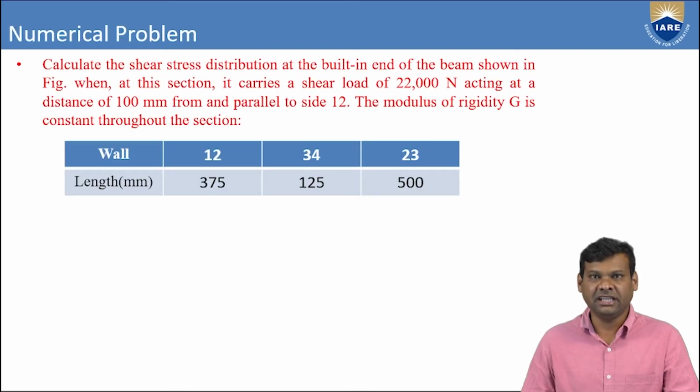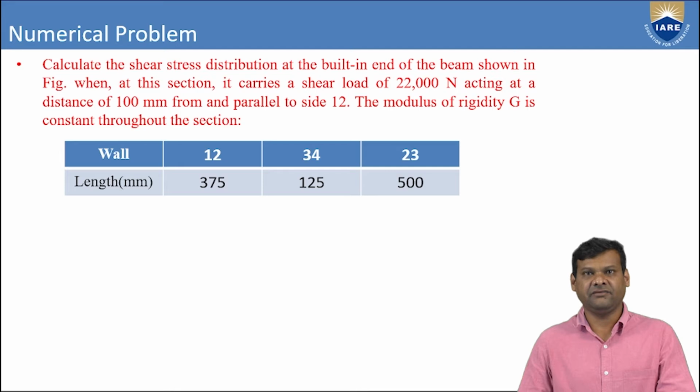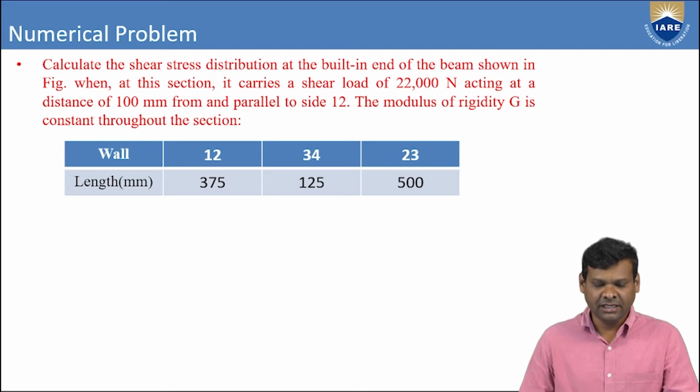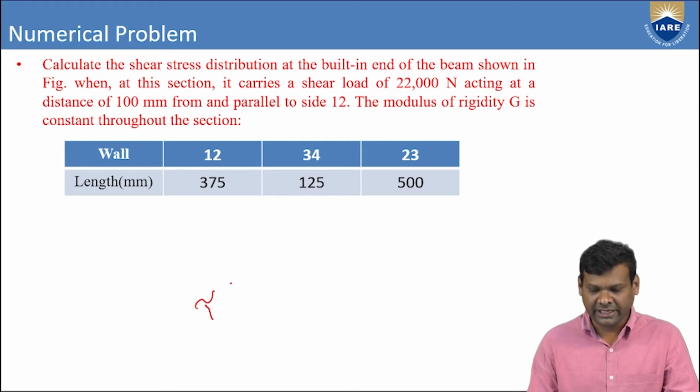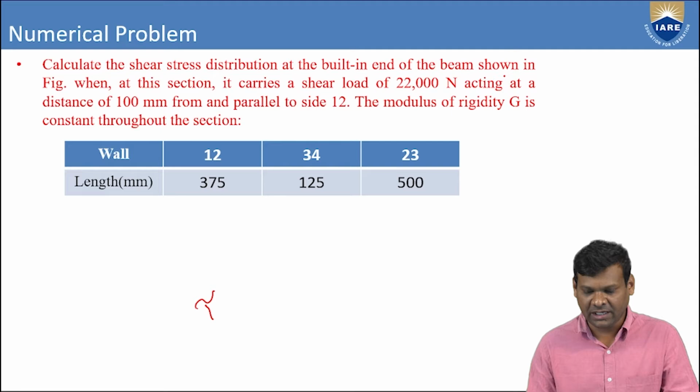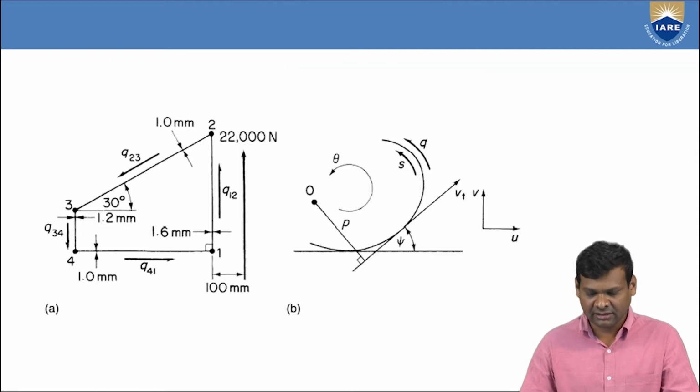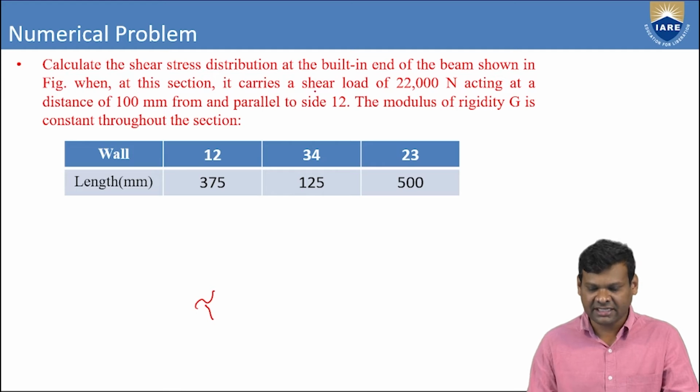Now let us look into the numerical problems associated with the closed section beam. Here it says: calculate the shear stress distribution, that is tau, at the built-in end of the beam shown in the figure. It carries a shear load of 22,000 newtons.